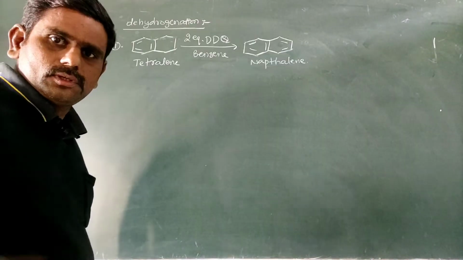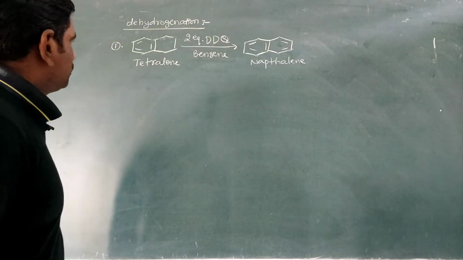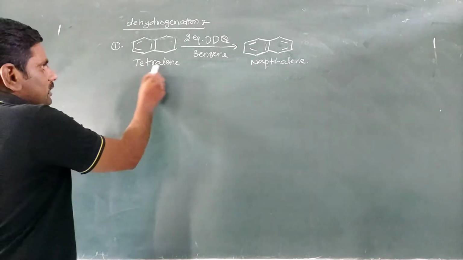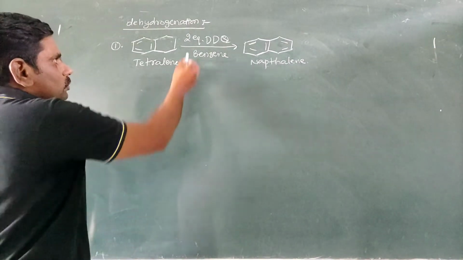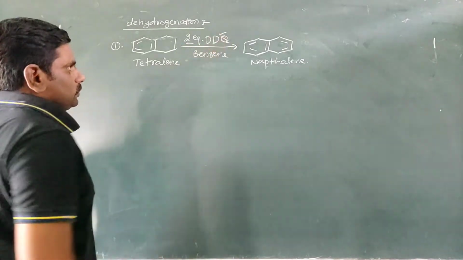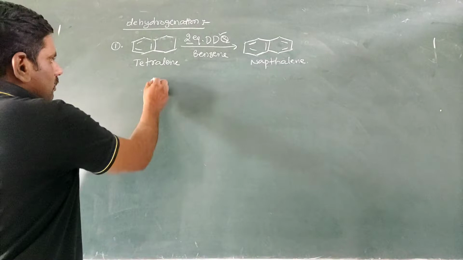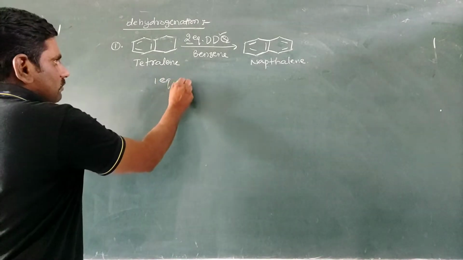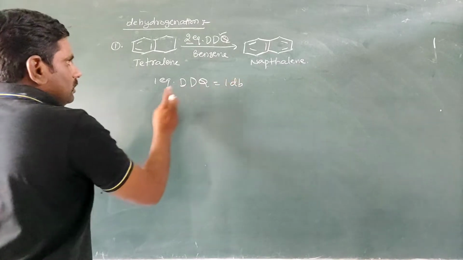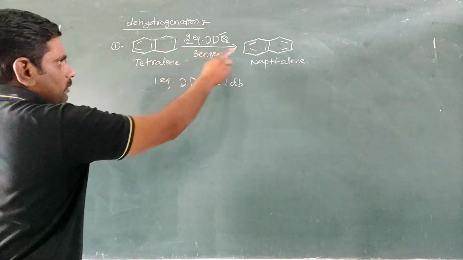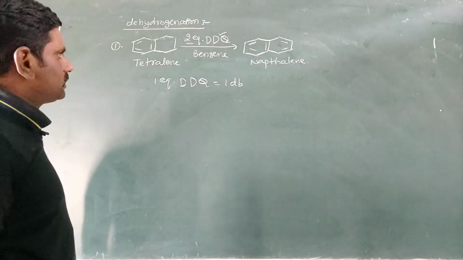The first application is dehydrogenation. Tetraline is converted into naphthalene in the presence of two equivalents of DDQ. One equivalent of DDQ forms one double bond. So, in order to form two double bonds in the molecule, two equivalents of DDQ are required.